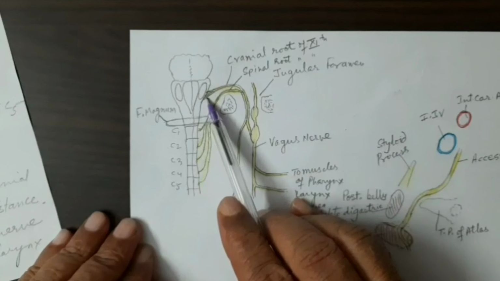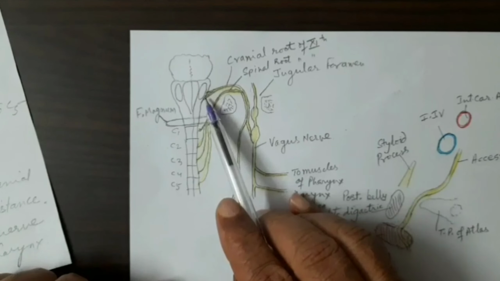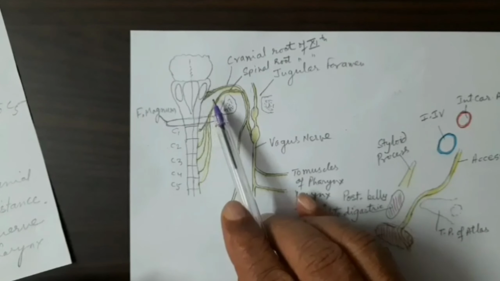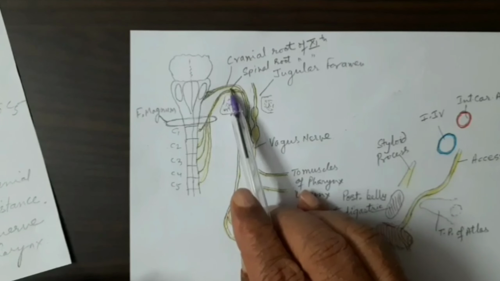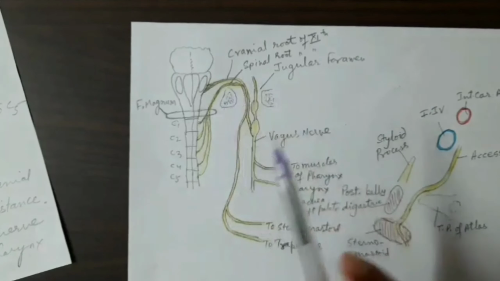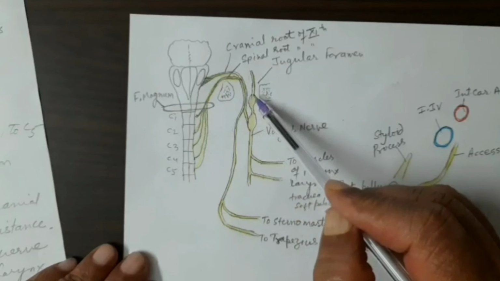From the lowest part, this nerve is taking origin with a few rootlets, which soon form the trunk of the cranial root of the 11th cranial nerve. This will then go towards the jugular foramen.